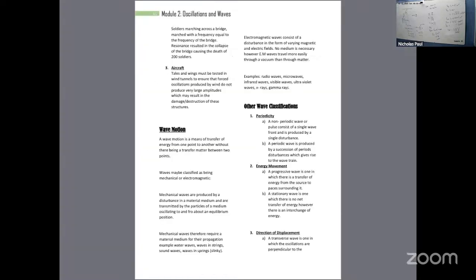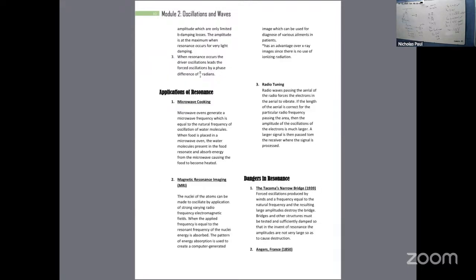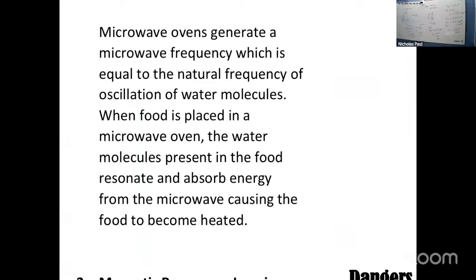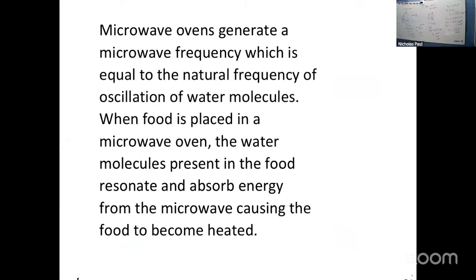You all know how the microwave works? It works with resonance, right? So microwave ovens generate a microwave frequency, which is equal to the natural frequency of the oscillating water molecules. When the food is placed in a microwave oven, the water molecules present in the food resonate and absorb energy from the microwave, causing the food to become hot.